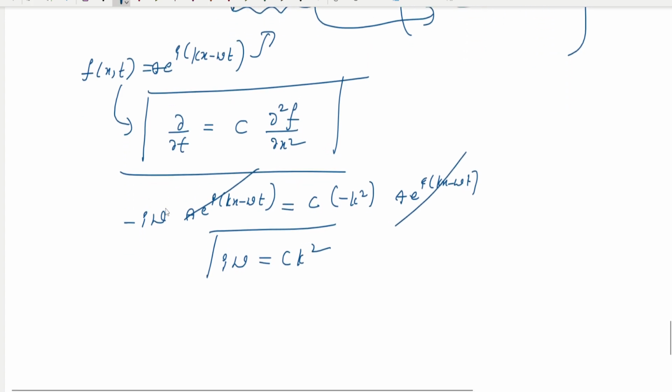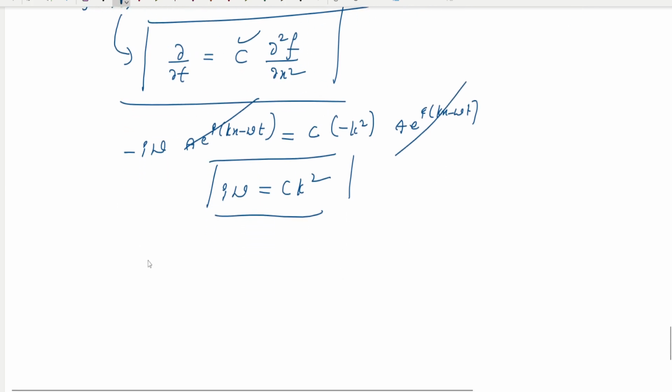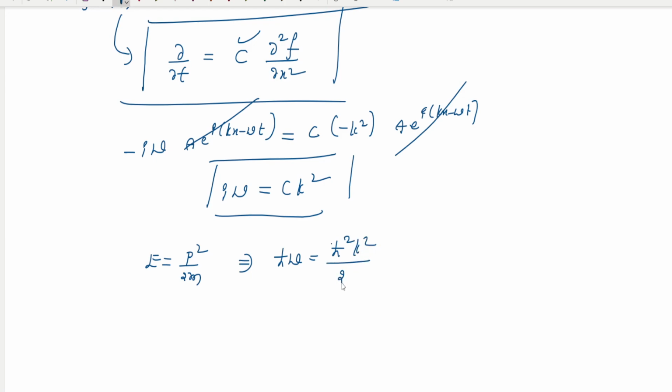So then Schrodinger tried to derive this type of equation. In case you try to find this C, I'll show you how to find that C. You can use E equal to p square divided by 2m, and we know E can be expressed in terms of h cross omega, then p equal to h cross square k square divided by 2m.